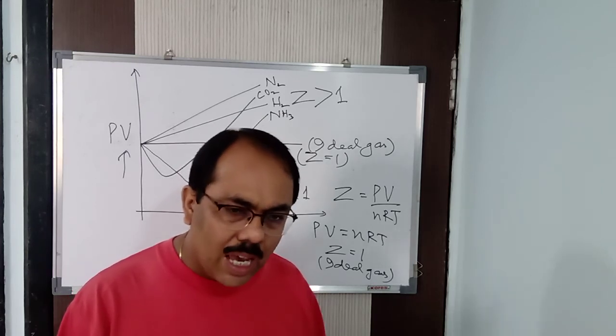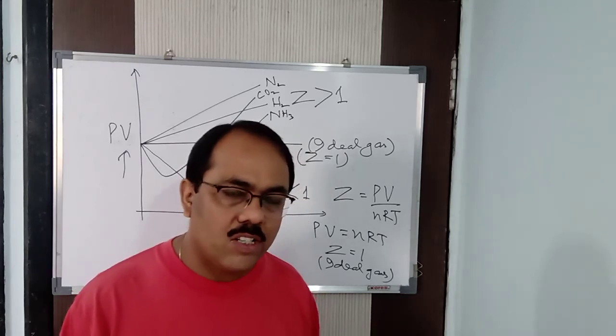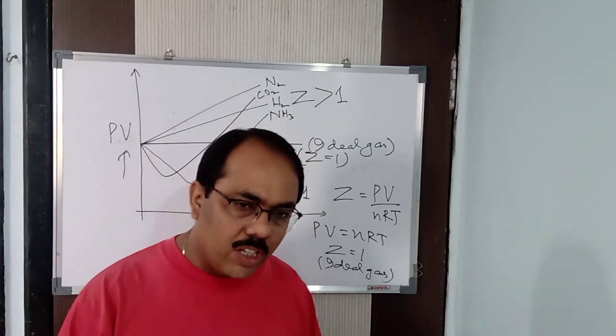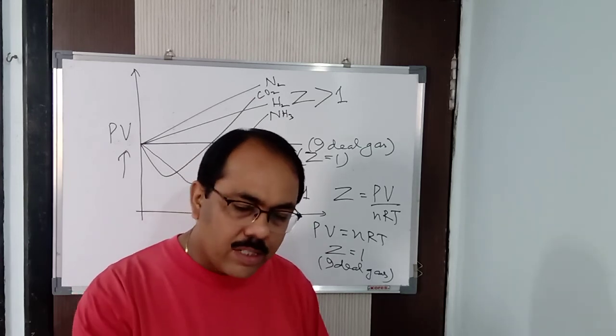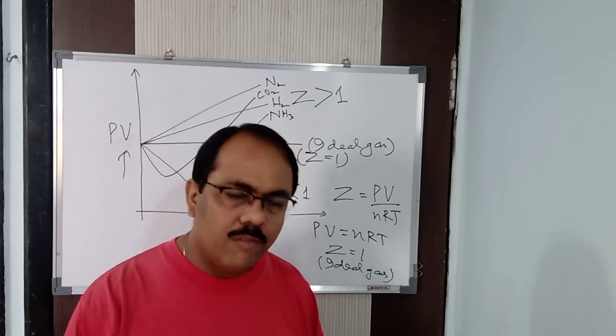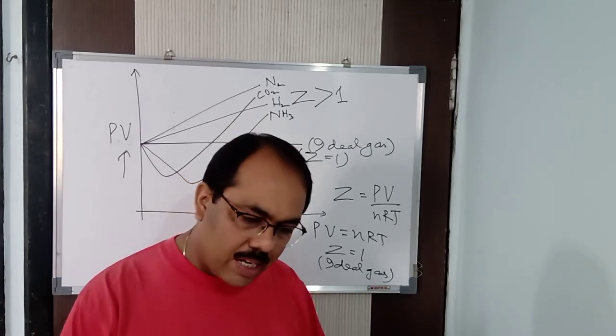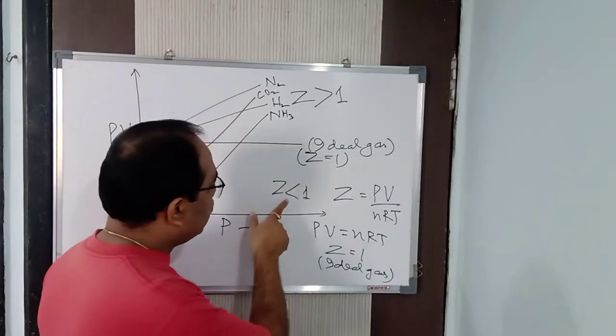They have strong intermolecular forces of attraction. If you take a number of sulfur dioxide molecules, they pull one another, hence they are easily liquefiable. So there Z is less than 1.